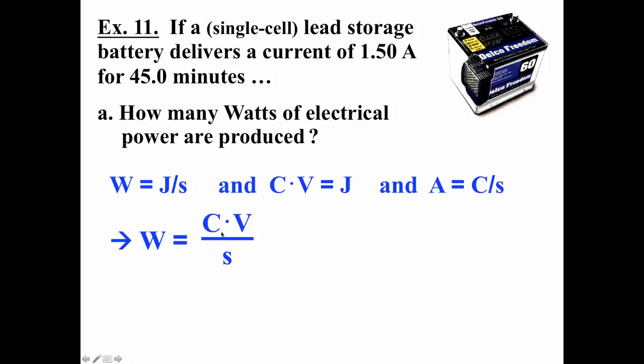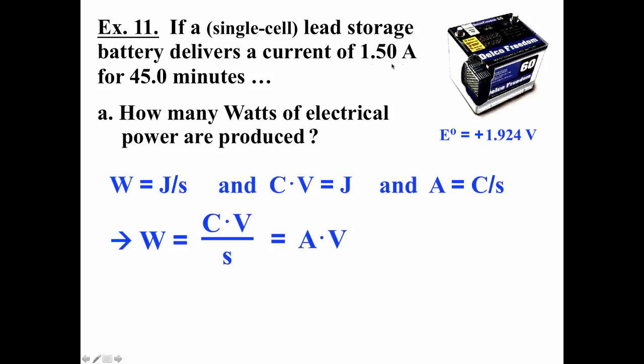We're going to need coulombs times volts per second, and we look at what's given here, and well, let me see, we have minutes and we have amperes, but we also know that a lead storage battery is a 1.924 volt potential. And since a coulomb per second is the same as an ampere, so here's ampere equals coulombs per second. We started with watts equals joules per second. We note that a joule is a coulomb times a volt, and then we note that a coulomb per second is the same as an ampere.